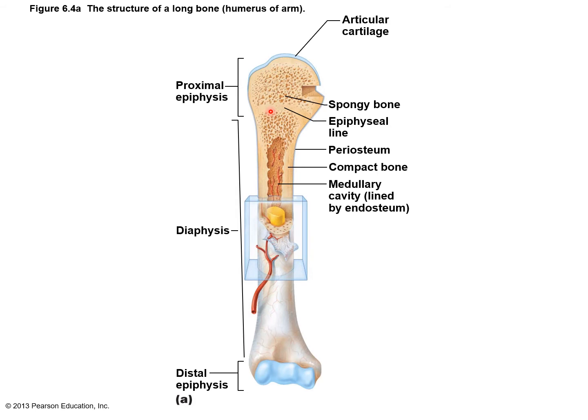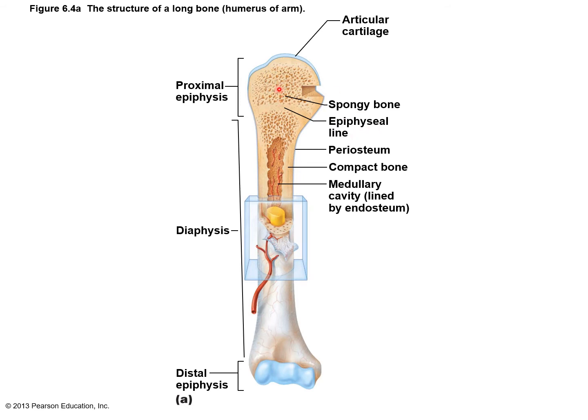And that plate, it's made out of cartilage, and it's what's going to help us grow taller. As we age, we start losing that piece of cartilage, and it's going to ossify, meaning it's going to turn into bone, and all you're going to be left with is what we refer to as the epiphyseal line.